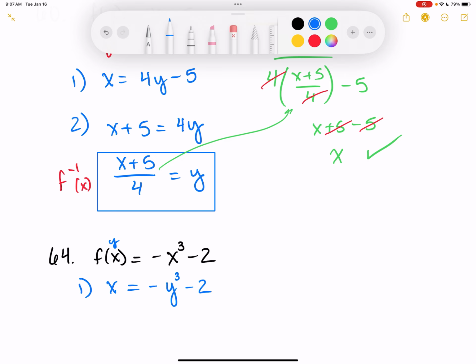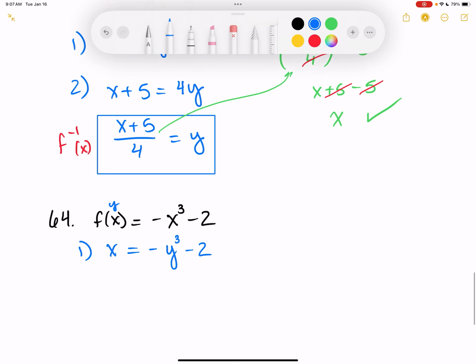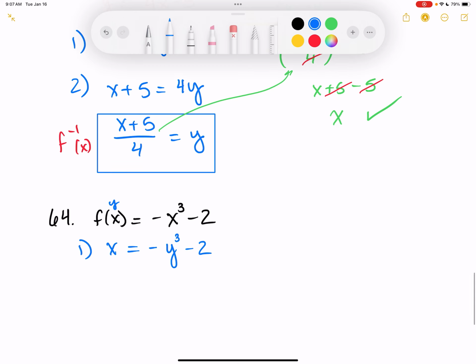Now I need y by itself. So I'm going to add this 2 over. So I'm going to have x plus 2 equals negative y cubed. I'm going to divide by the negative, so that's going to be negative x minus 2 equals y cubed.